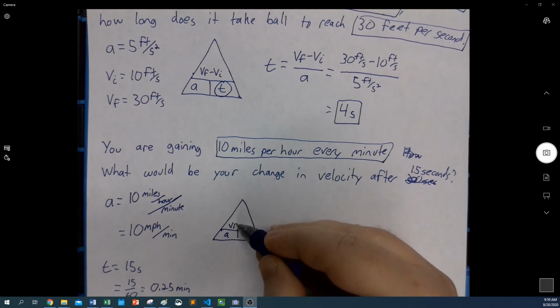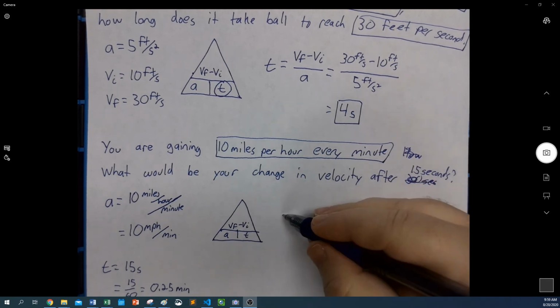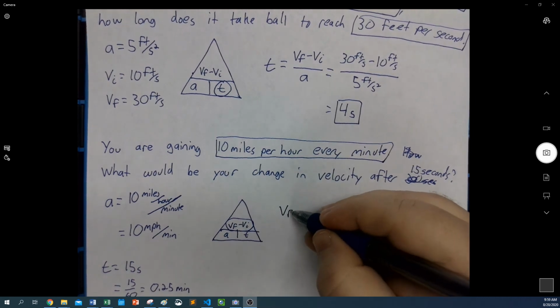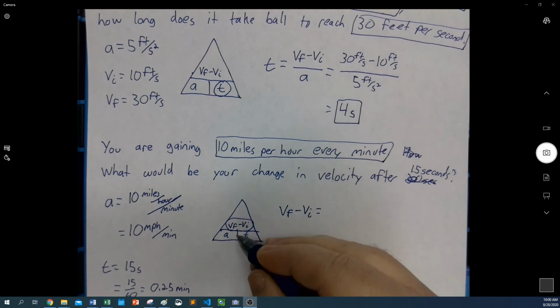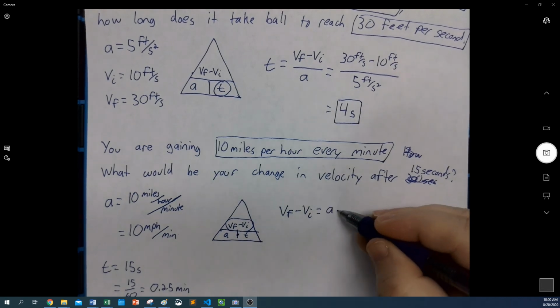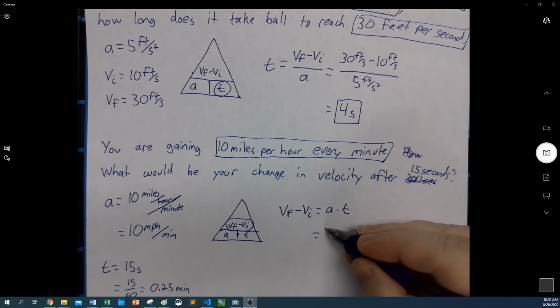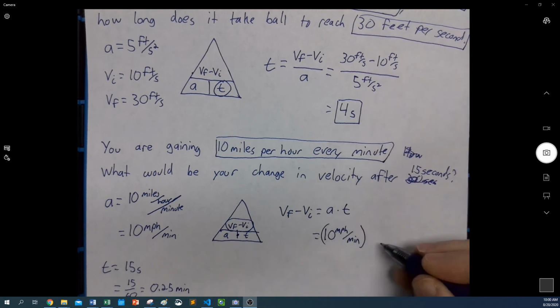Acceleration equals VF minus VI over T. So we're solving for the change, VF minus VI, which is equal to A times T. Our acceleration was 10 miles per hour per minute times 0.25 minutes.